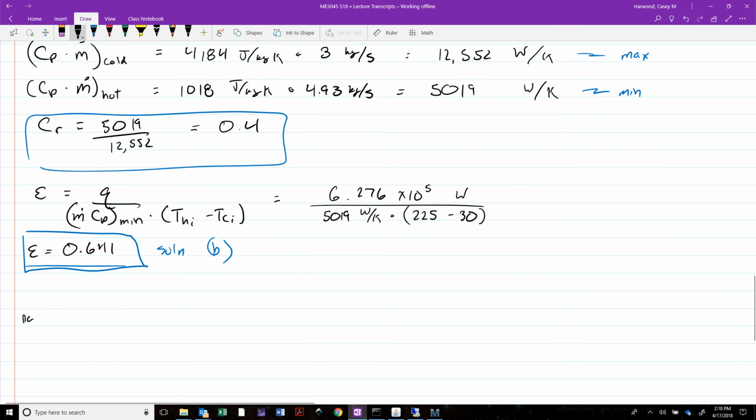Okay, so this is part C. It's a single pass cross flow.